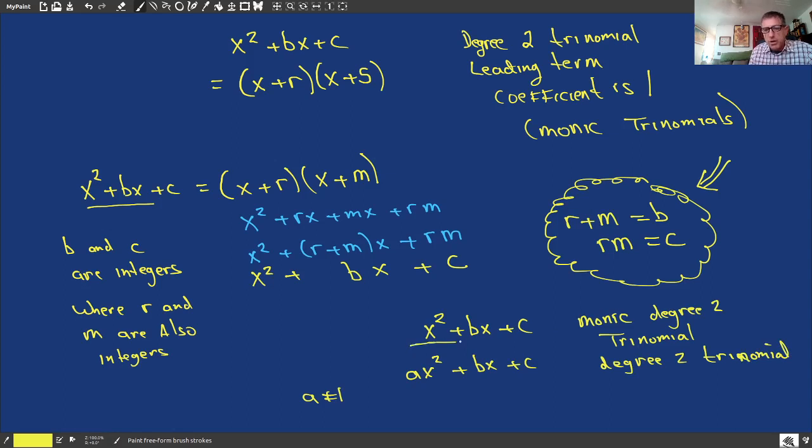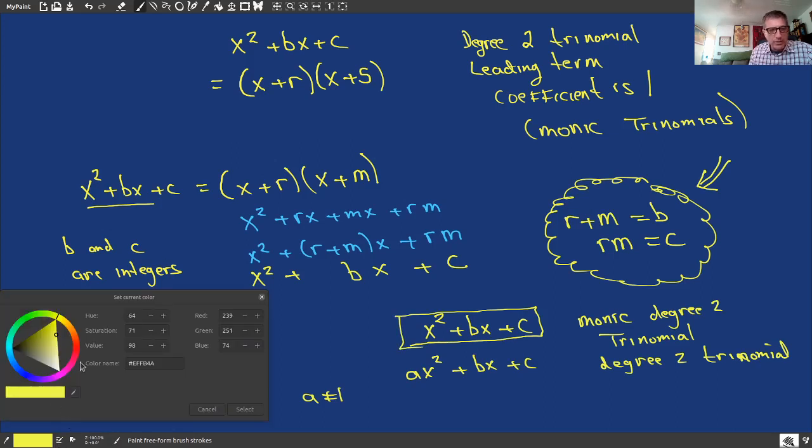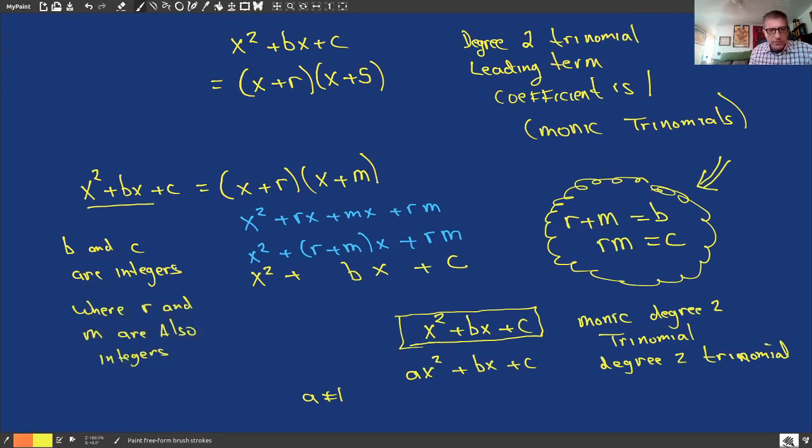And the monic ones are always the easiest to factor. To factor is to break it down: this is a sum of 3 terms right here, and we want to change it into a product. But the point is, this doesn't always work.